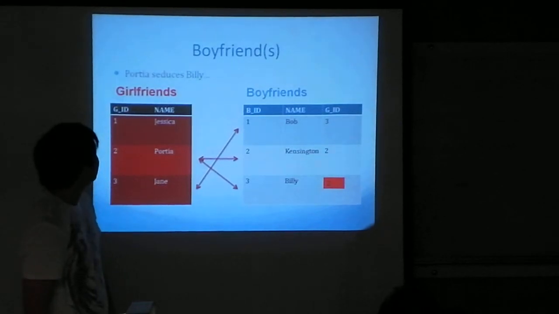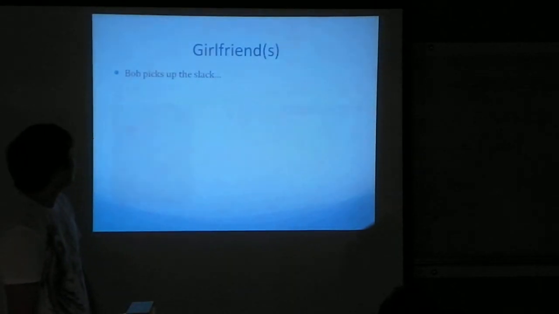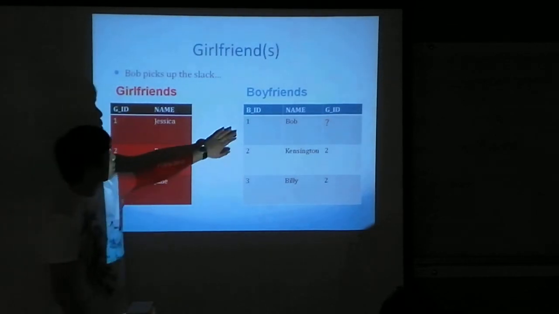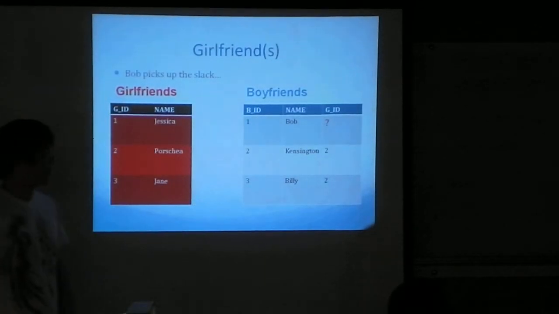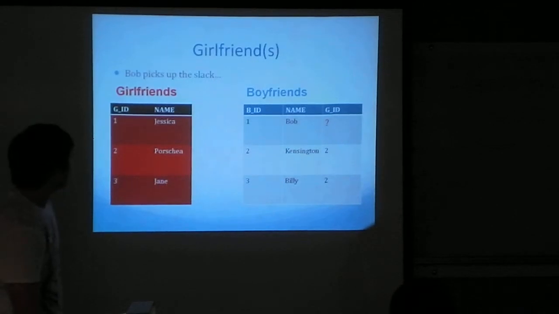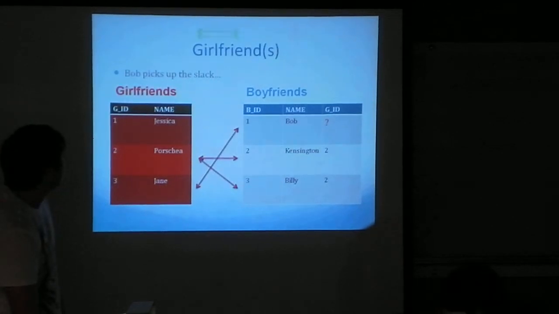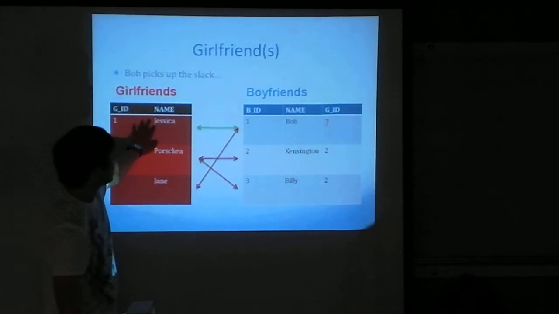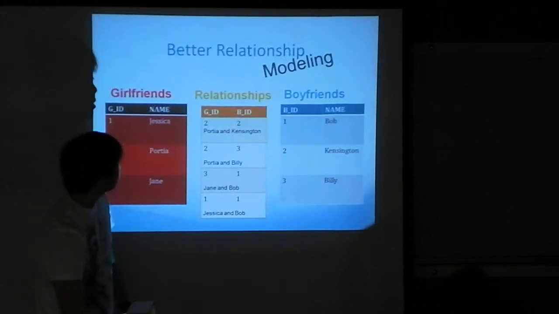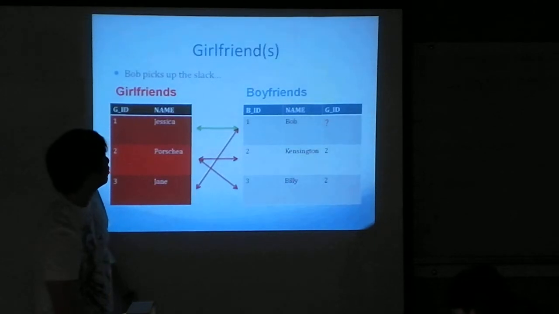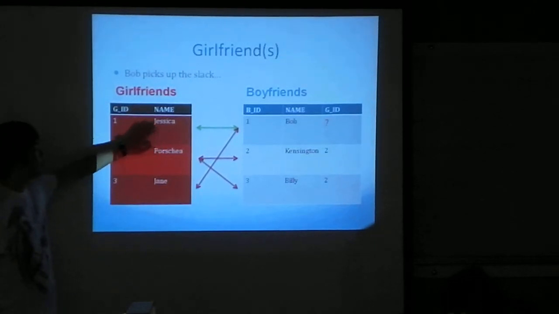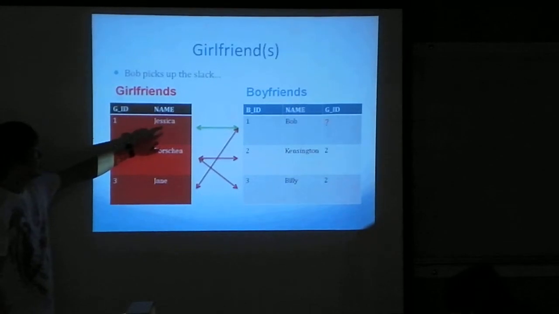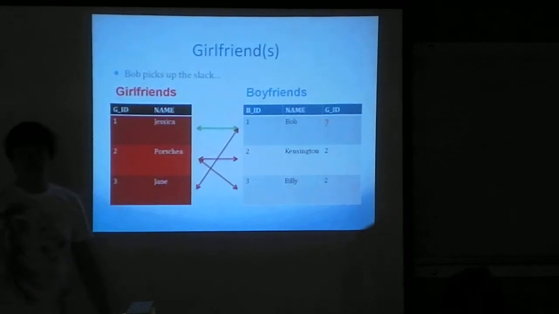All right. So now we're going to take a look at what happens if Bob decides to also get another girlfriend. That's the mapping. And if Bob decides to have Jessica as his girlfriend, what happens to that GID? Someone tell me?